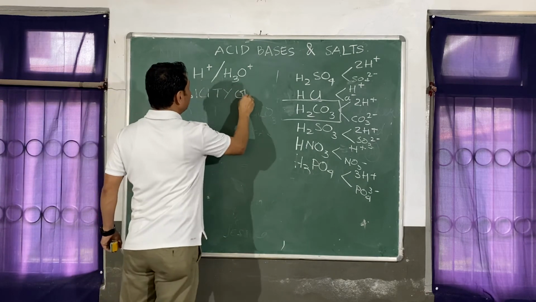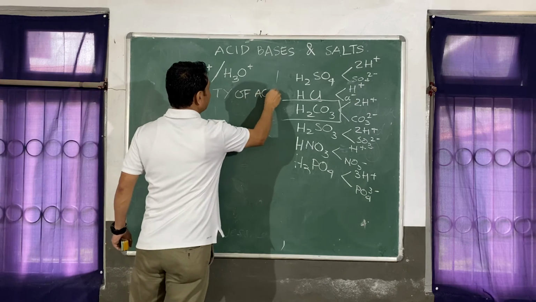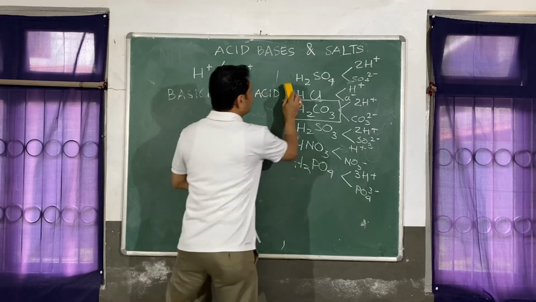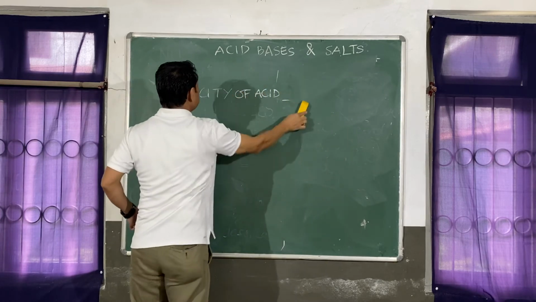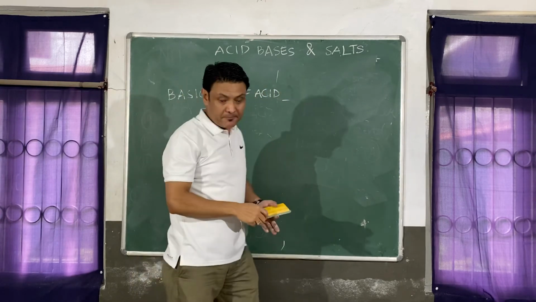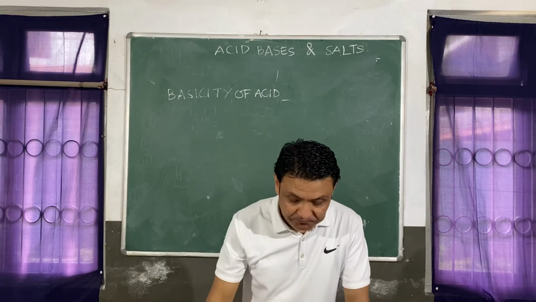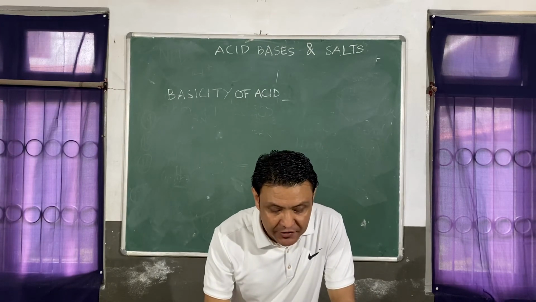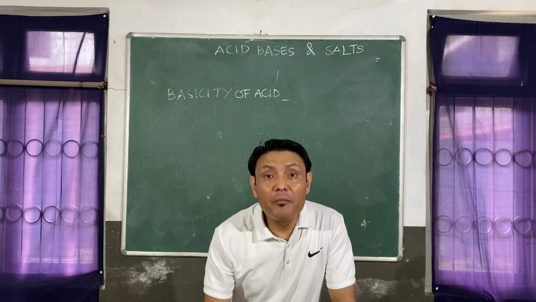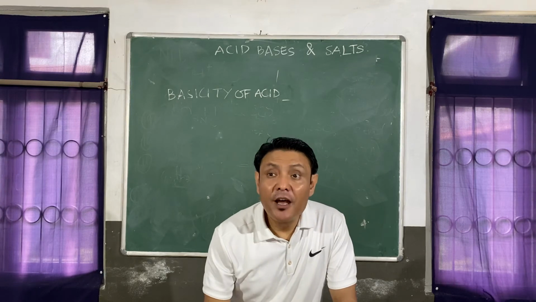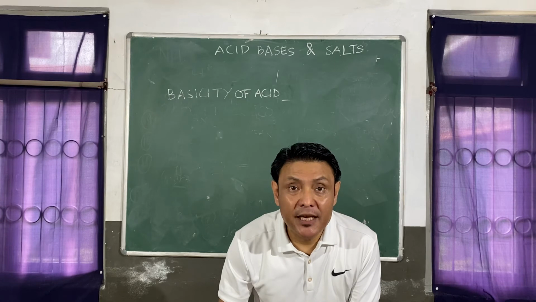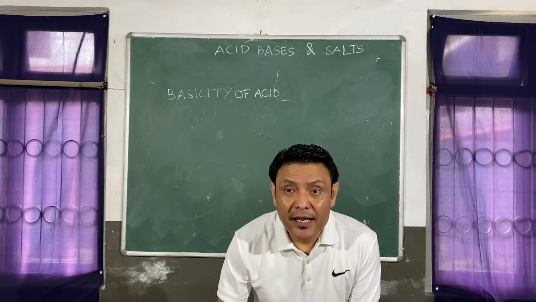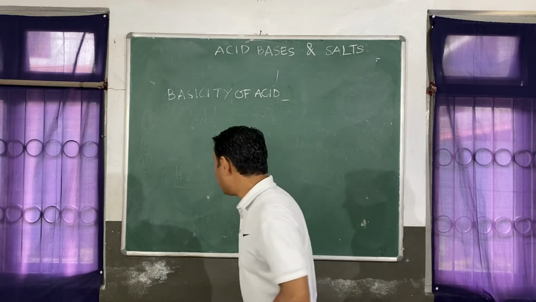So when we talk about the basicity of an acid, what is it? It is the number of hydrogen ions which can be produced per molecule of the acid. That is the basicity of an acid.